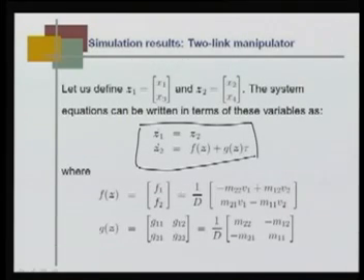Going back and reformulating the problem, we get Fz as F1, F2, which is 1 upon d times the first term minus M22 V1 plus M12 V2, and the second term M21 V1 minus M11 V2, and Gz is a 2 by 2 matrix G11, G12, G21, G22, which is 1 upon d times M22, minus M12, minus M21 and M11.